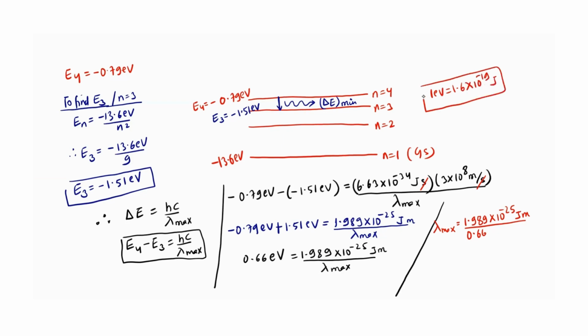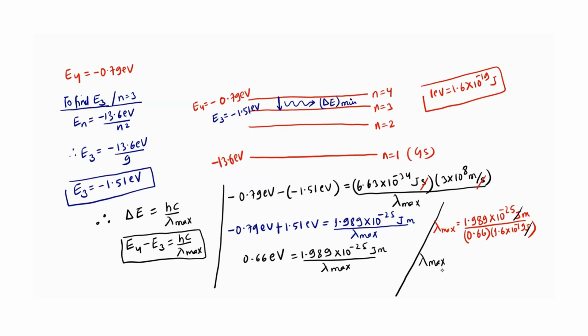So we have to convert this electron volt into joule. So I'm writing in this way, directly 1.6 times 10 power minus 19 joule. So joule and joule cancels out. So we have maximum wavelength or largest wavelength.